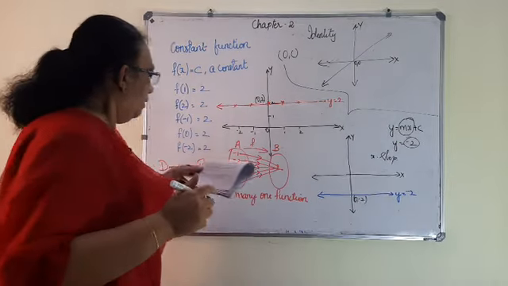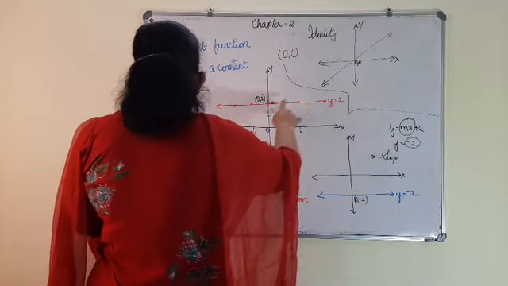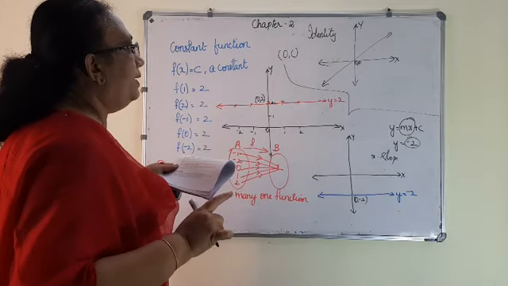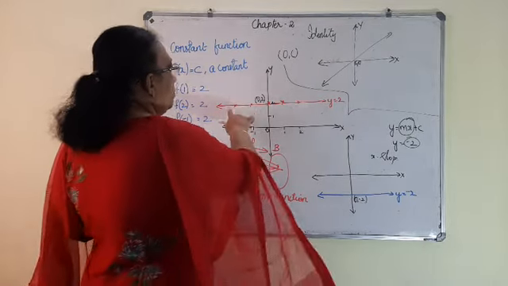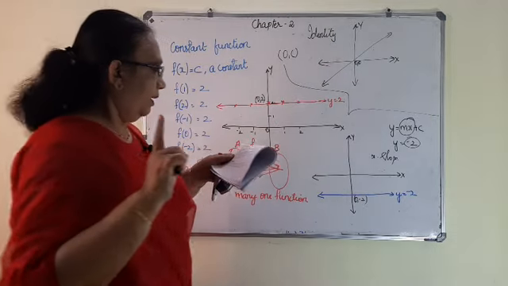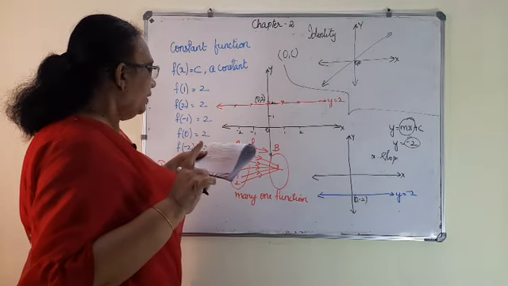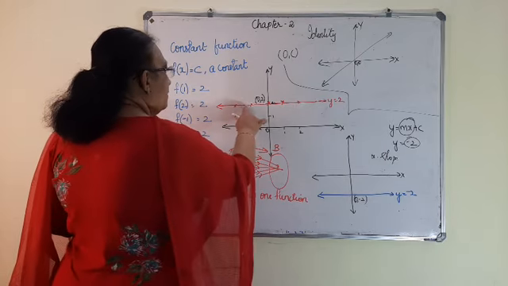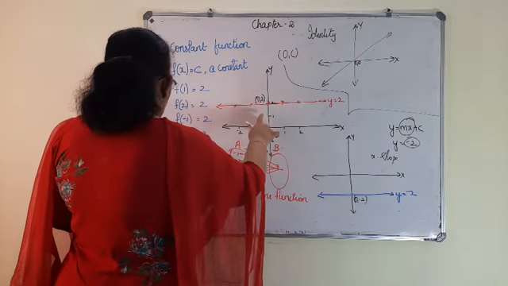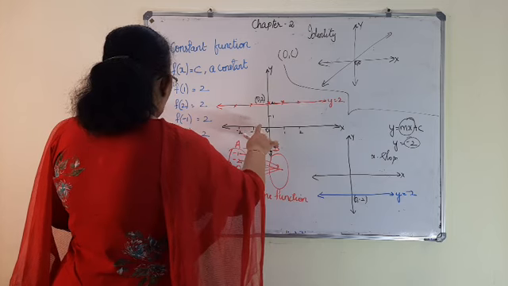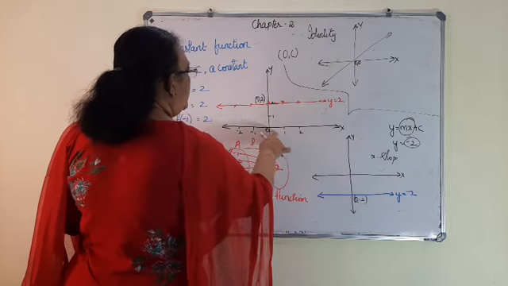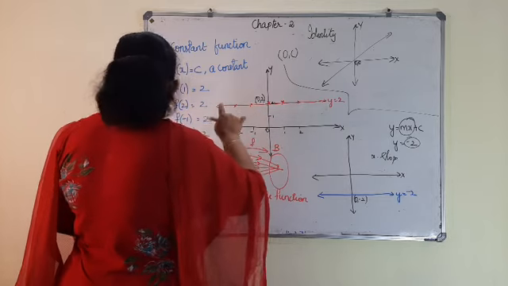Okay. Both constant function and identity functions are real valued and linear in nature. They are both linear, first degree. While a constant function is a function that gives the same output for every value of the input. For different values of the input, the constant function gives the same output.